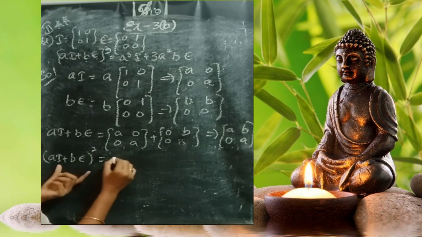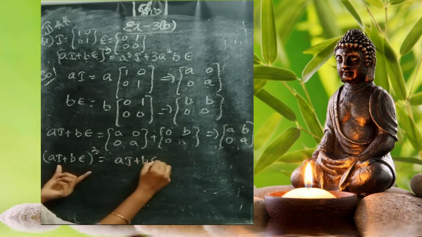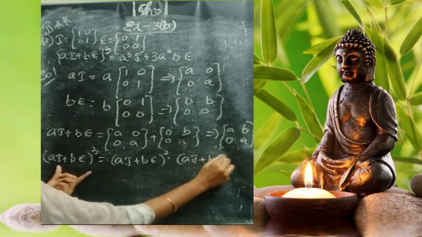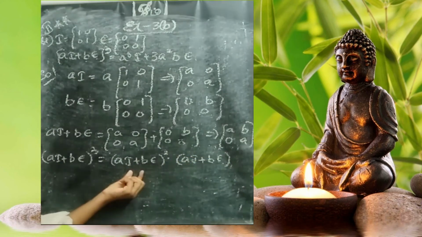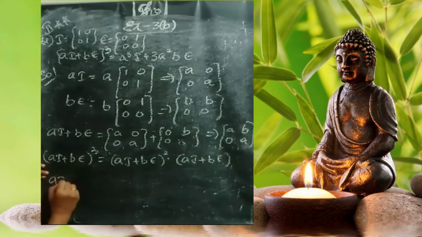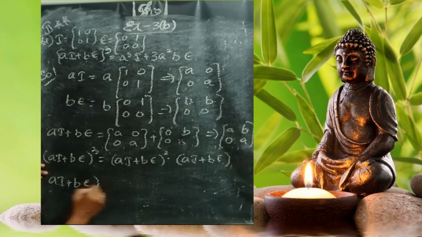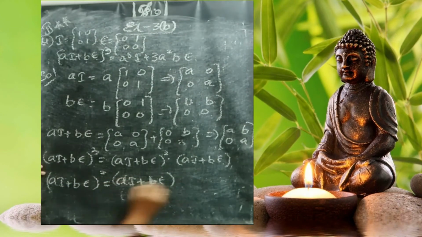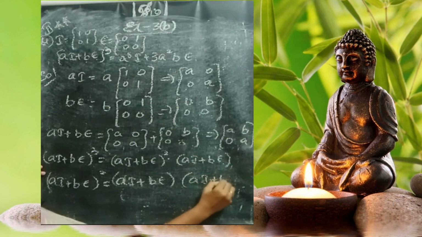Cube means nothing but (AI + BE) whole square into (AI + BE). First we have to make the square. The AI plus BE value is this. Now we find the (AI + BE) whole square value: (AI + BE) into (AI + BE).